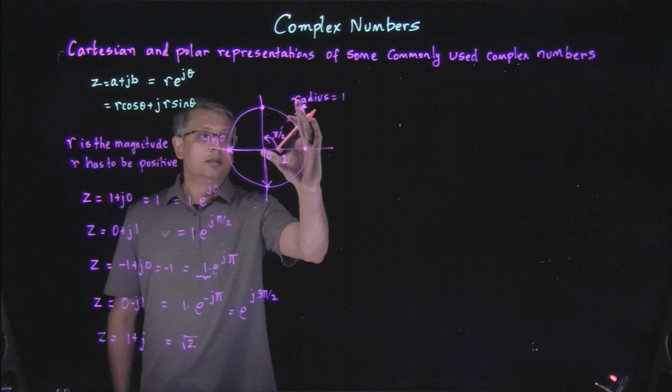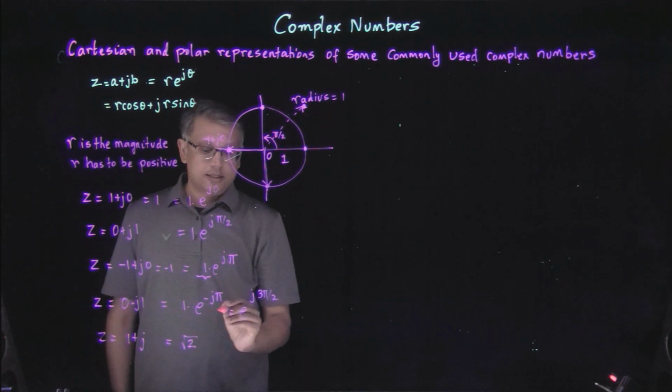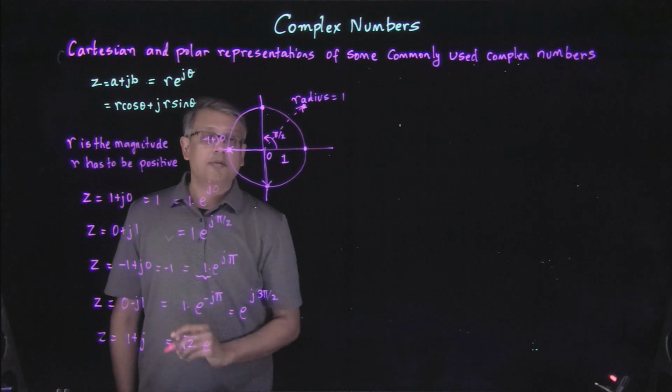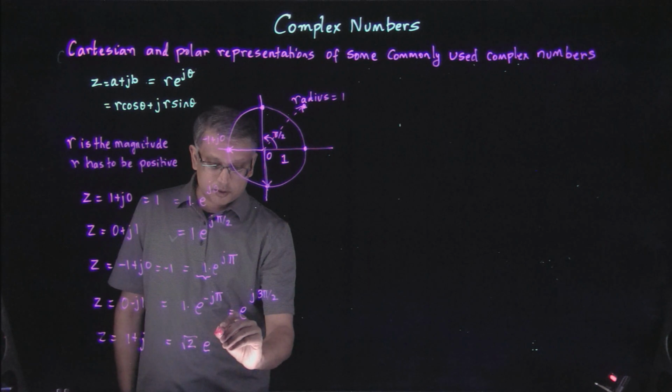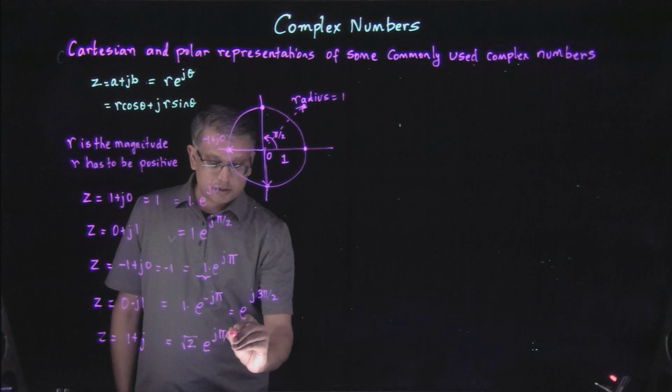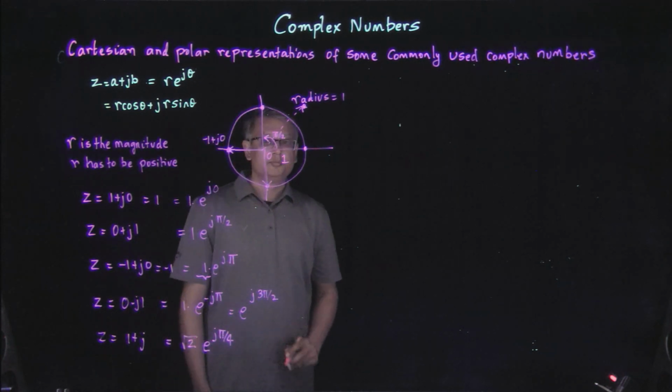And the angle that this vector makes with the positive x-axis, I'm going to give you just 1 minute for you to think about this. So before I write it, I urge you to think about this yourself. So that's going to be j times pi over 4.